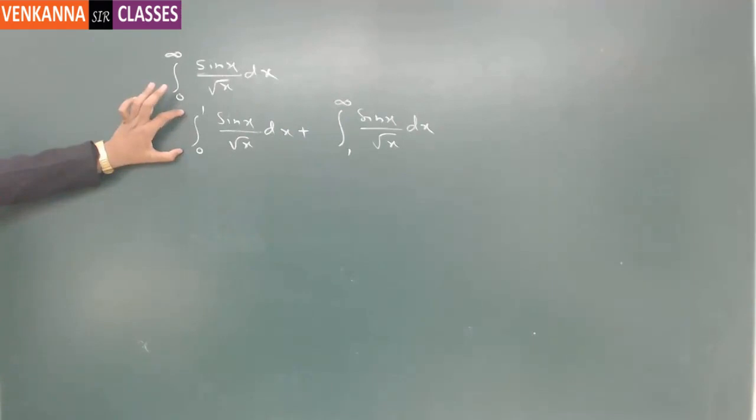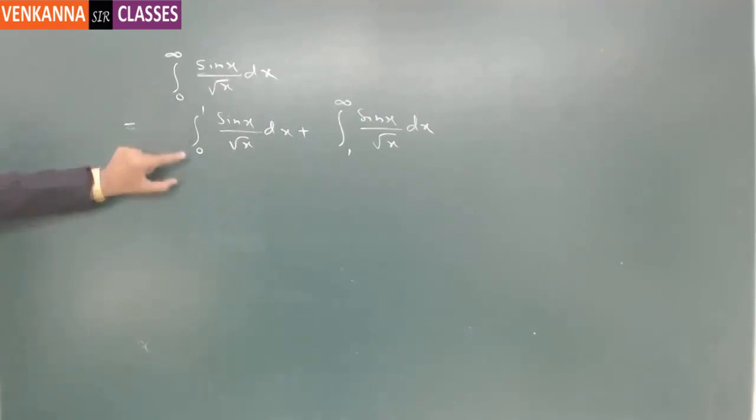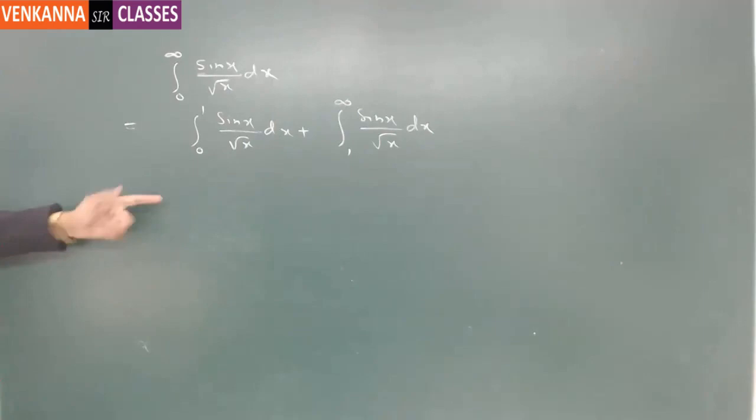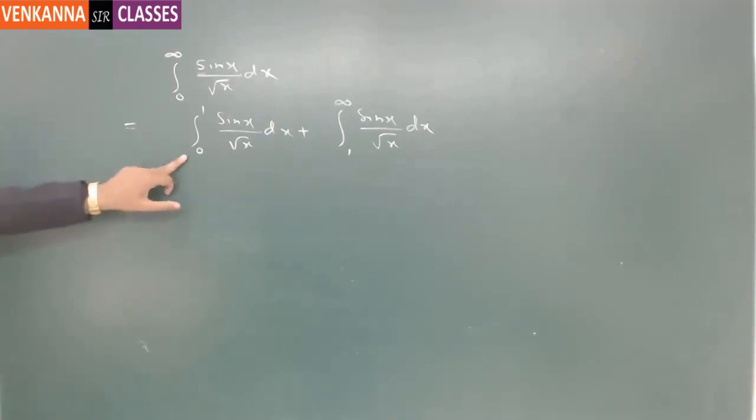So if you have known that 0 is a point of infinite discontinuity, you should verify for the convergence. Before that, we should ensure whether 0 is a point of infinite discontinuity or not. So for this, what is the criteria we usually follow to check whether a point is a point of infinite discontinuity or not?